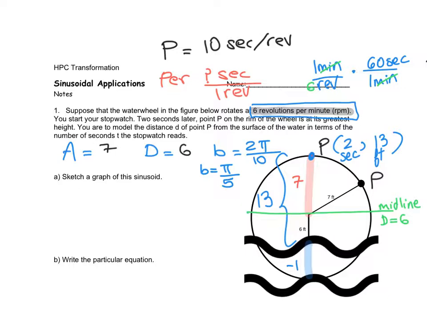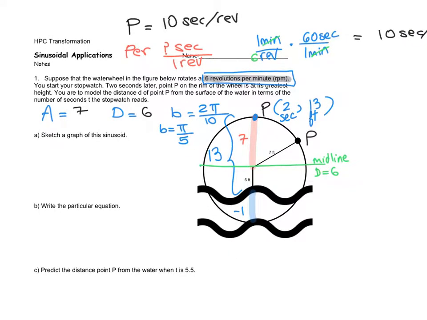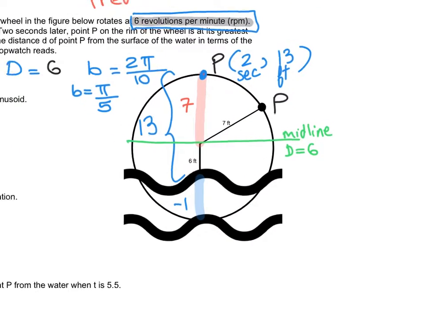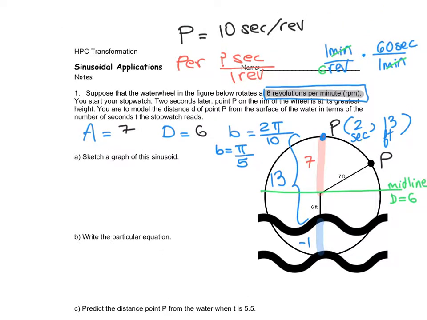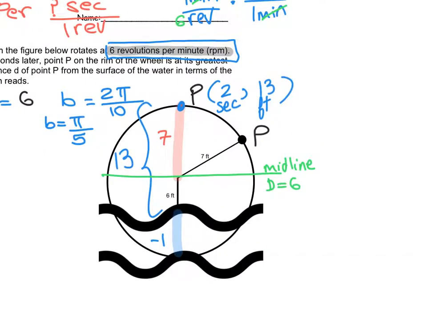Now I have the amplitude, I have the D, the midline, I have the B, which is the physical shift. Now I need to figure out what the domain is and the range to help me with the graph, so I can be even sure about the graph. So the range goes from -1 all the way to 13.